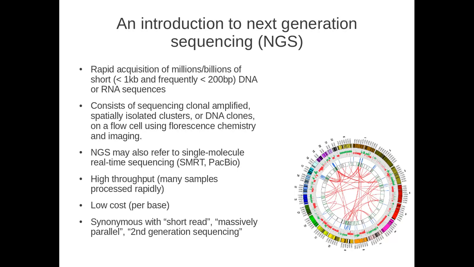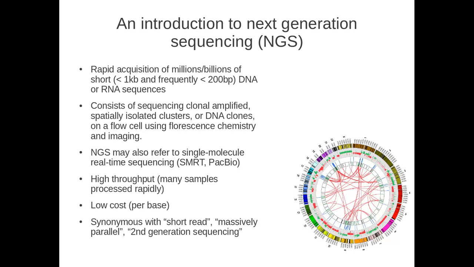Now, we've advanced beyond some of the super short read sequencing in certain applications, although the Illumina sequencers that I'm most familiar with are still using 50 to 100 base pair reads, and we're getting a lot of information from that. However, there are what we call single molecule real-time sequencing protocols now.